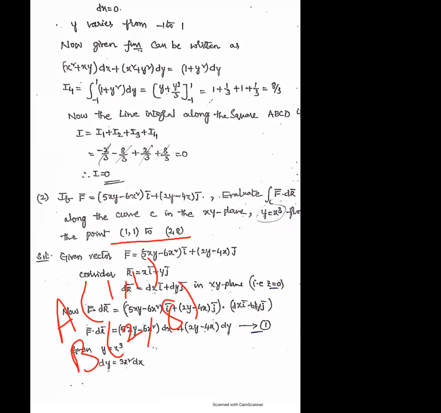Now we are not taking 1 comma 8 as the limit, because the total problem is converted to x. So we take the limits 1 comma 2. So 1 is the lower limit and 2 is the upper limit.